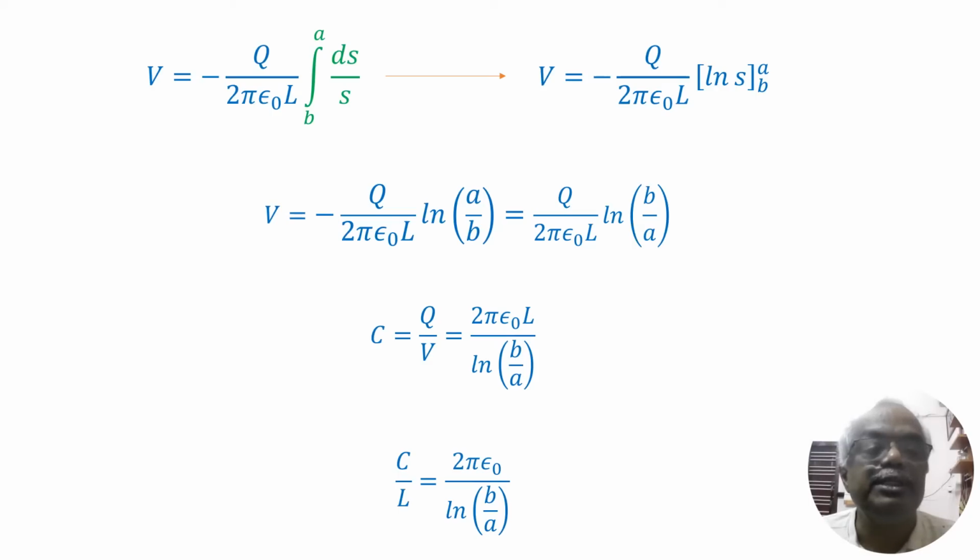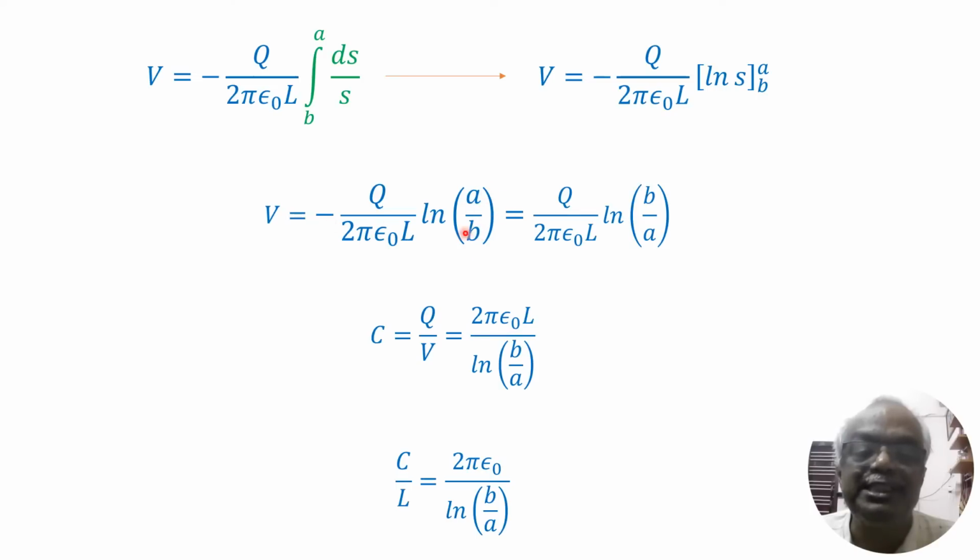Now V is equal to minus Q over 2 pi epsilon naught L, integrated between b to a of ds over s. If you integrate 1 over s, you get the natural logarithm of s between the limits b to a. Applying the limits, you get natural logarithm of a by b.